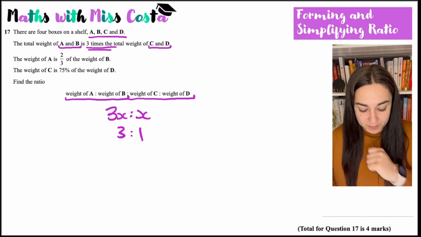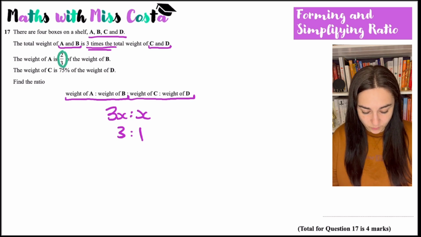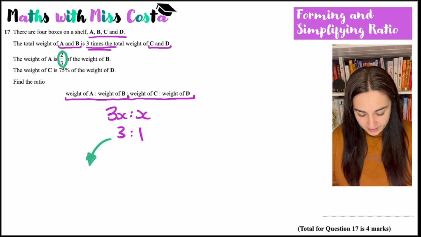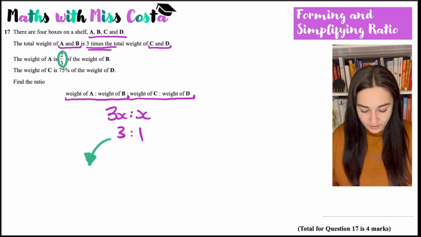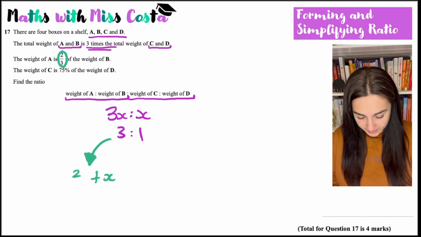Now the next piece of information I'm given is the weight of A is 2/3 the weight of B. So out of this ratio here, I know that whatever the weight of B is, we could call B X, the weight of A is going to be 2/3 of that.